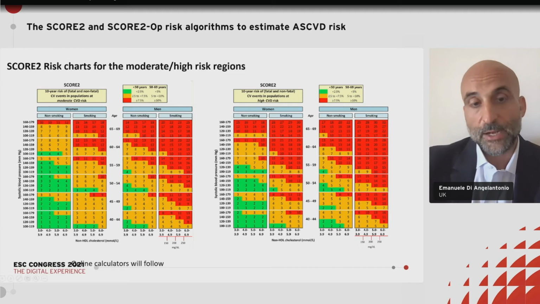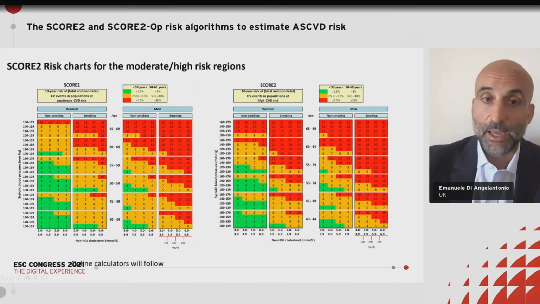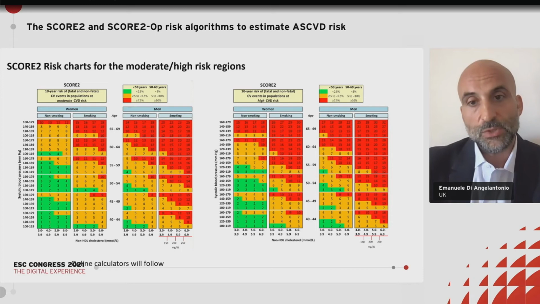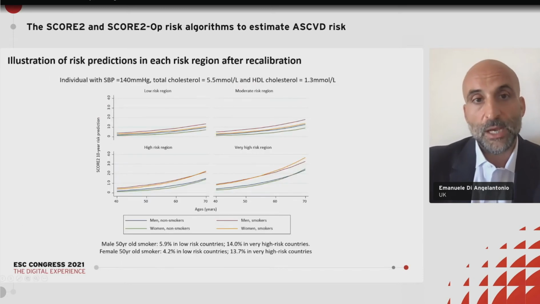Here's again an example of the risk chart for the moderate CVD risk region and the high CVD risk region. And so what happens when you apply these to different populations? My slide shows what happens when you apply this to the four different regions and to an exemplar individual who has a systolic blood pressure of 140 millimeters of mercury, a total cholesterol of 5.5 millimoles per liter and an HDL of 1.3.